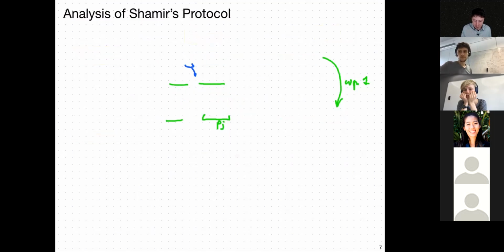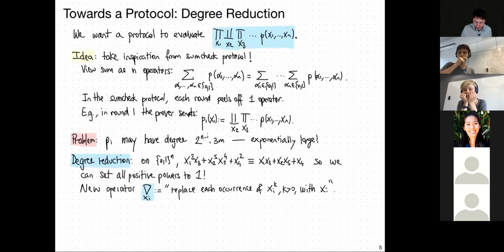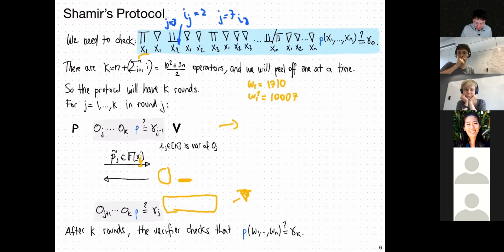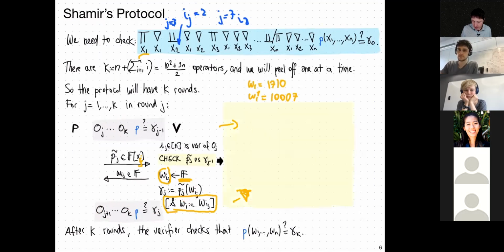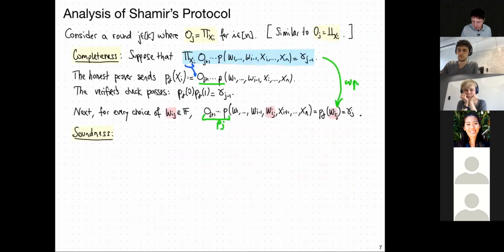If you remember in the previous slide, the new claim here was this expression minus the operator equals whatever the prover sends at the random point. Here we just proved that this expression, the new claim, really is true because we started from a true claim and the prover sent the correct polynomial. This is exactly what happens in the sum check protocol.